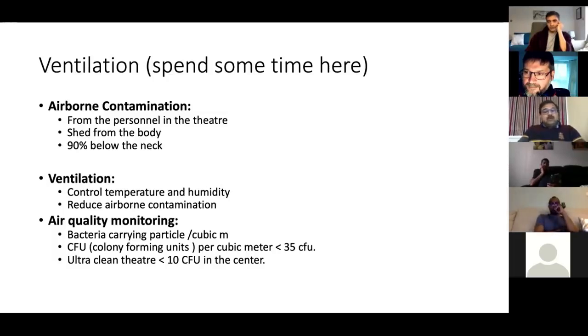So in a normal operation theater, the CFU per cubic meter is about 35, whereas to define a theater as an ultra clean theater, which is the aim of all orthopedic theaters, especially where arthroplasties are performed, it should be less than 10 CFU in the center, which means in the area just around the operating table.